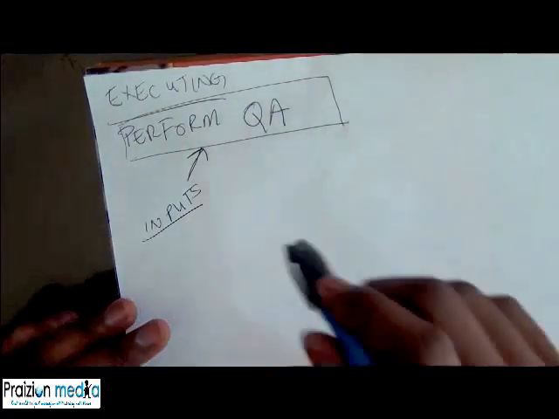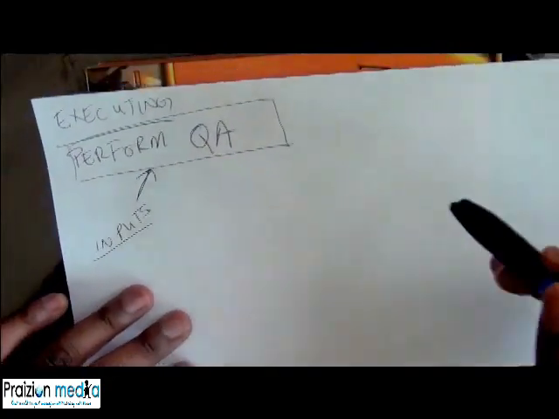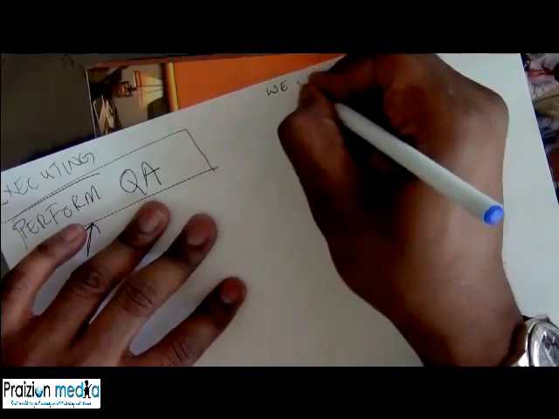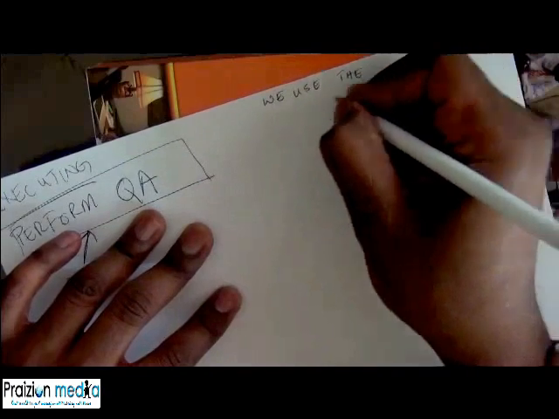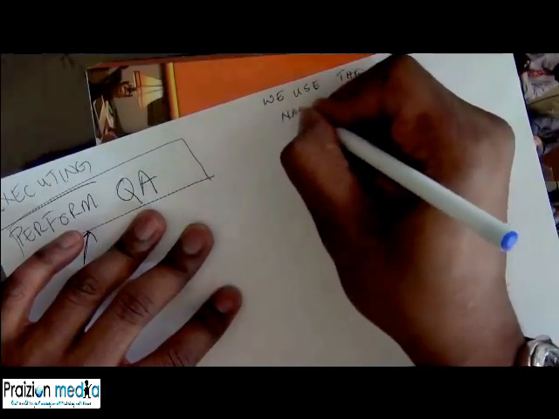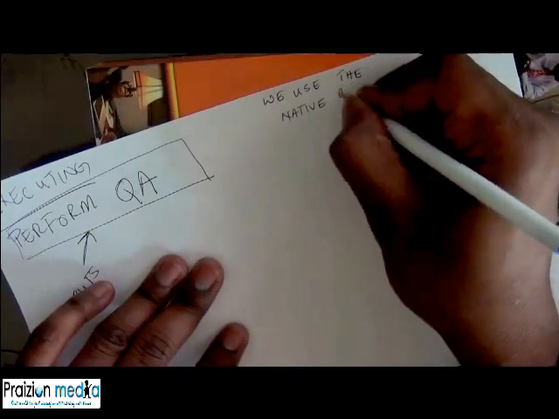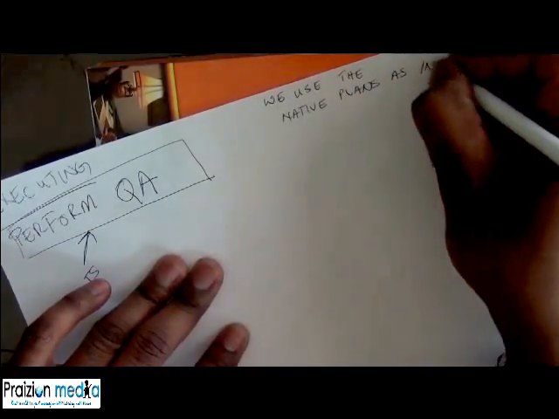But bear in mind, in the executing process group processes, one rule of thumb that I would like to share with you is we use the native plans as inputs.